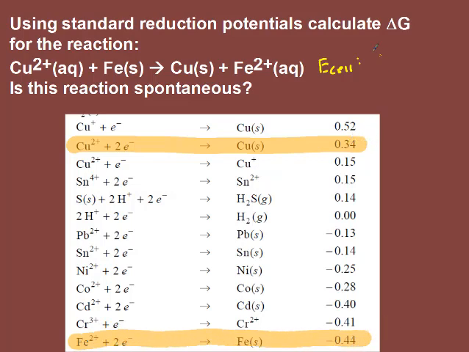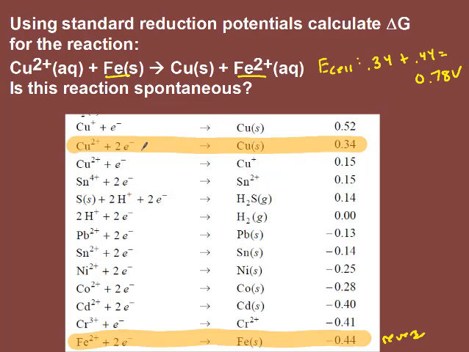So according to the equation, we need to keep the copper value as it is, and then we're going to reverse this one. And again, we reverse the bottom one because it says Fe to Fe plus 2. We've got to reverse the one they had reversed in the equation. That gives us 0.78 volts.